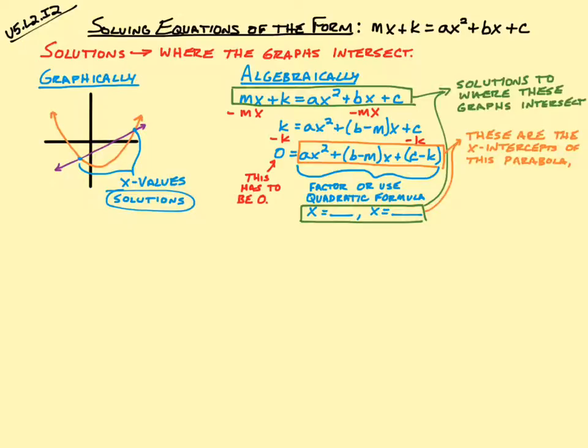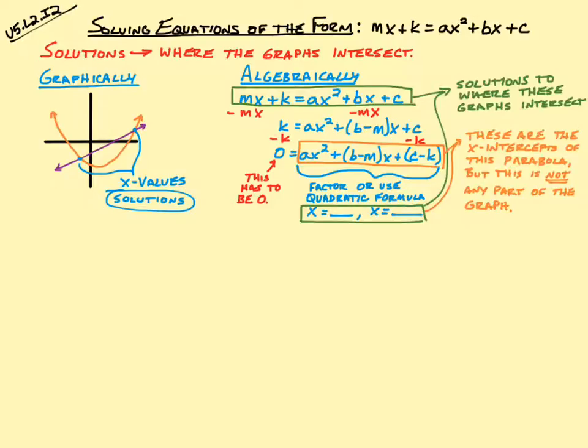It's the x-intercepts. But we have to remember that this is not part of the function or of the graphs. We just use this method to get us to those solutions where the graphs intersect. So don't get confused and graph this middle parabola. The ones that we're focusing on are the original equations, the mx plus k and the ax squared plus bx plus c. Those are the two that we want to really focus on, not the orange one in the middle.